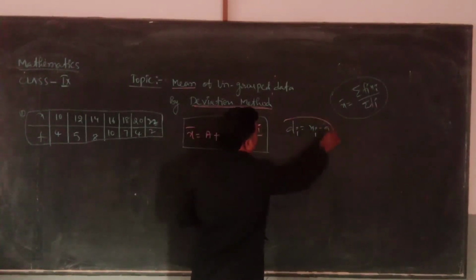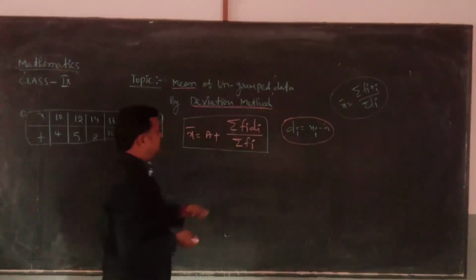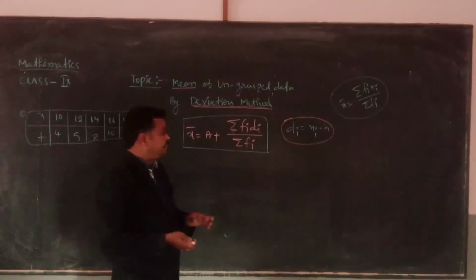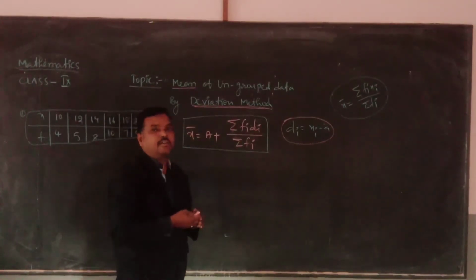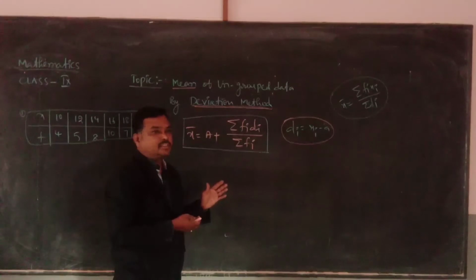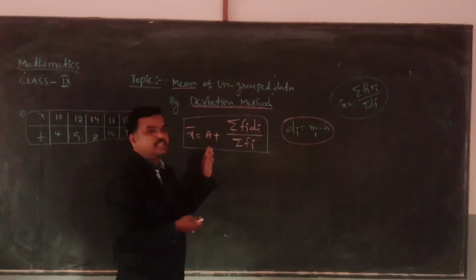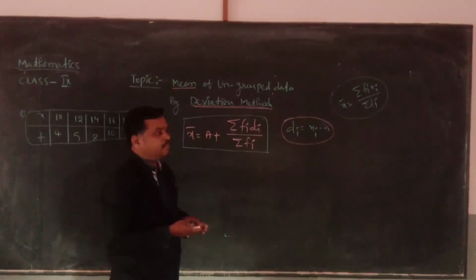Sigma is indicating sum. When they give very large numbers in the problems, we have to use this deviation method to find the arithmetic mean.